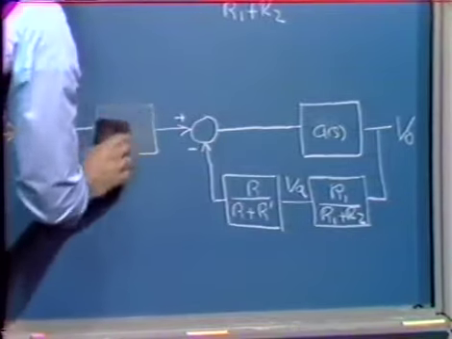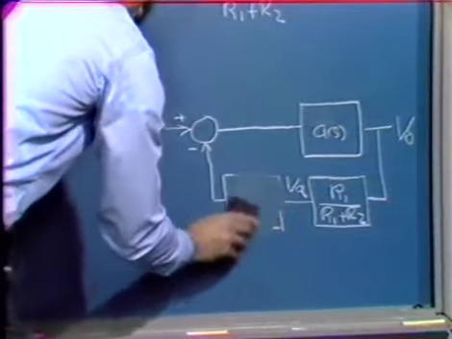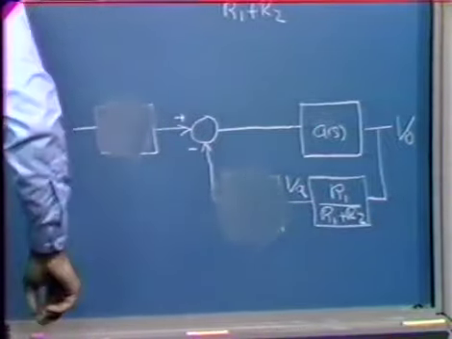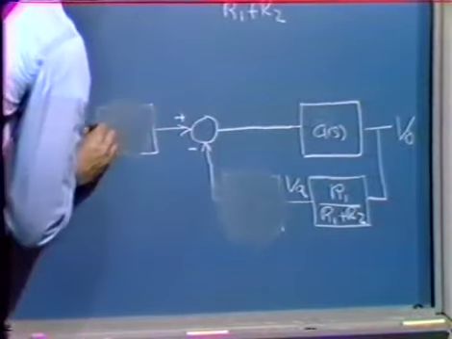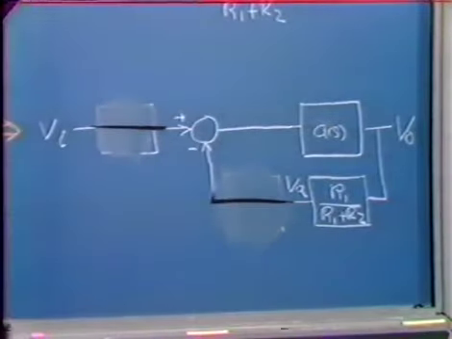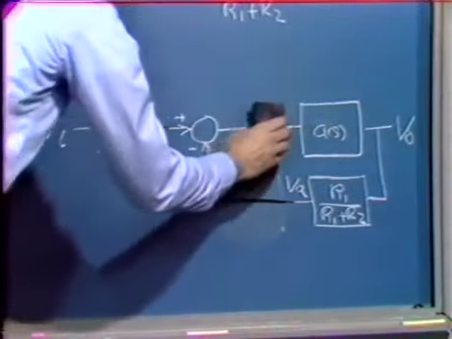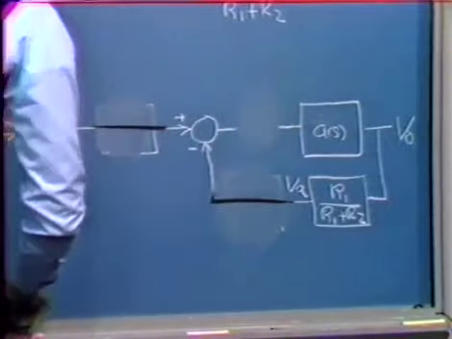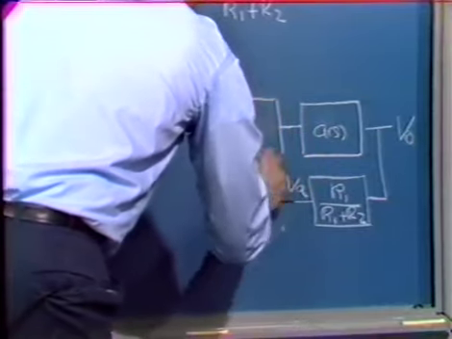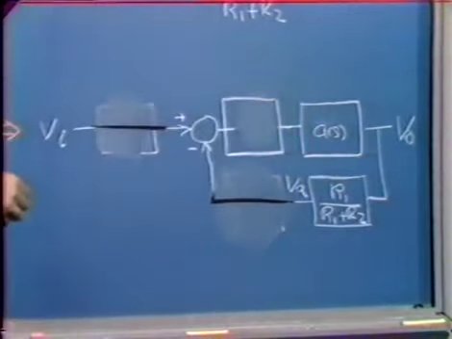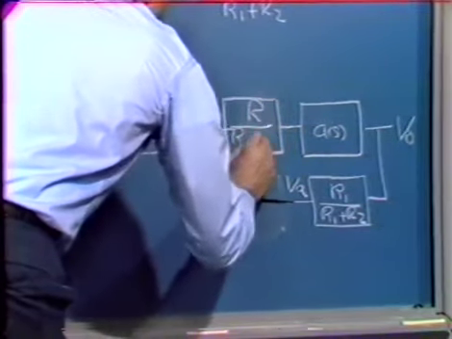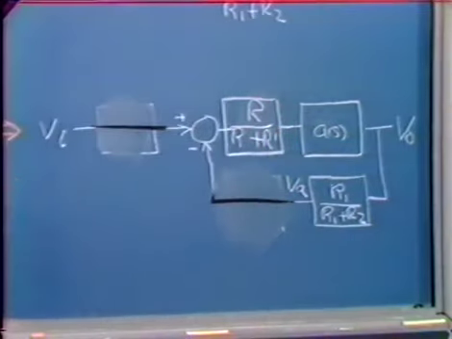When we do that, we get rid of these two blocks. And we slide that attenuation ratio past the summing point, so we gain a block in here. And the block that we gain is simply the attenuation ratio R over R plus R prime.